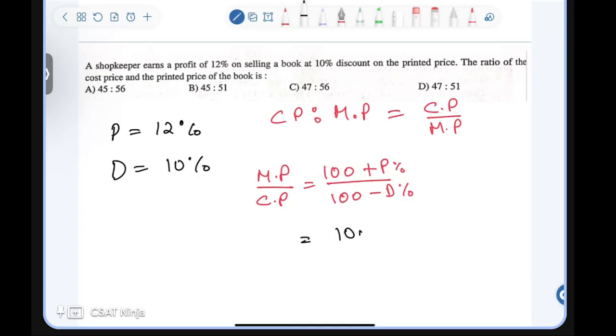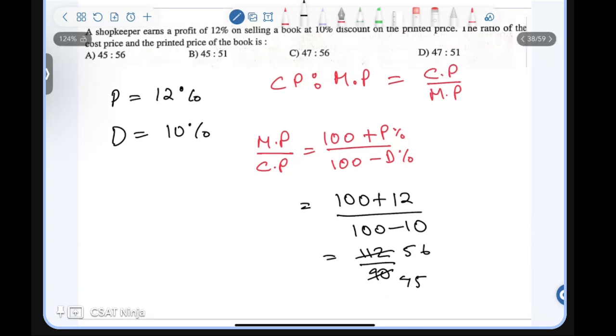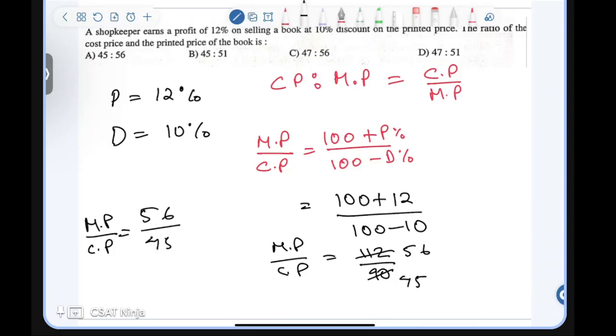So 100 plus profit is how much? Profit is 12, divided by 100 minus discount, which is 10. So we are getting 112 divided by 90. If I cancel this, 56 and 45. So mark price divided by cost price is 56 divided by 45.